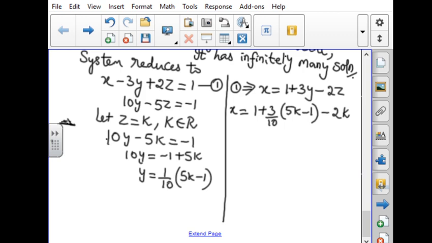For z we have to substitute k. Now let us expand this to find the value for x, that is 1 plus 15 by 10 k minus 3 by 10 minus 2k. Now take the numbers 1 minus 3 by 10. So 10 minus 3 is 7 by 10.